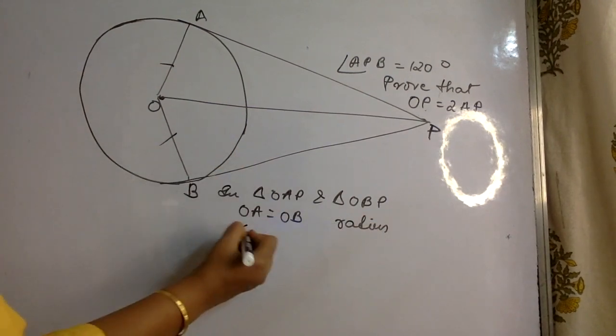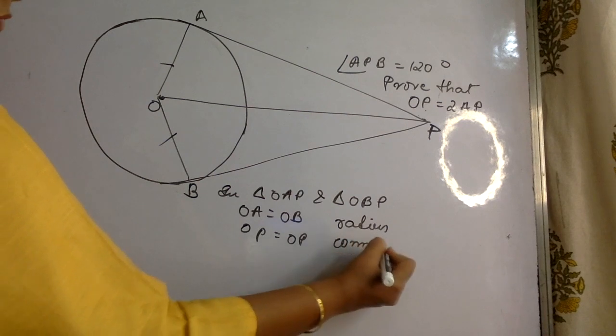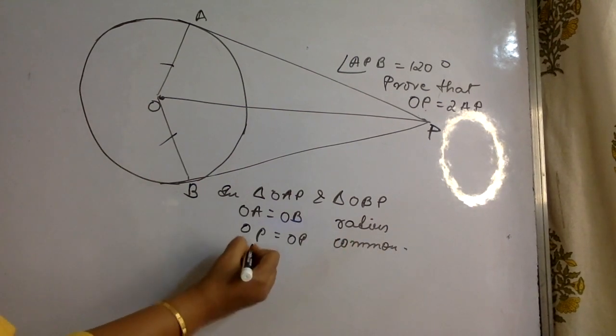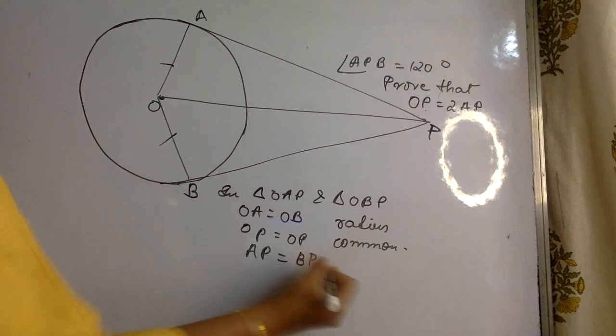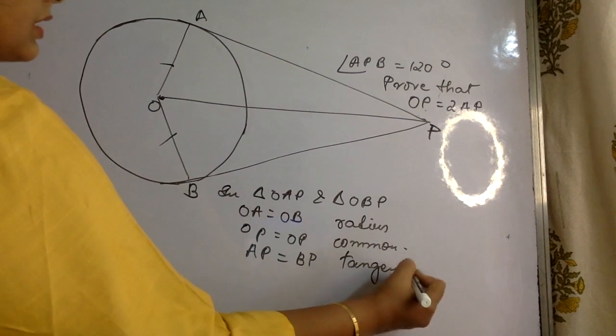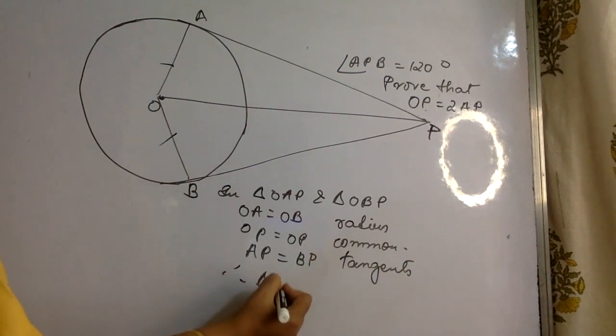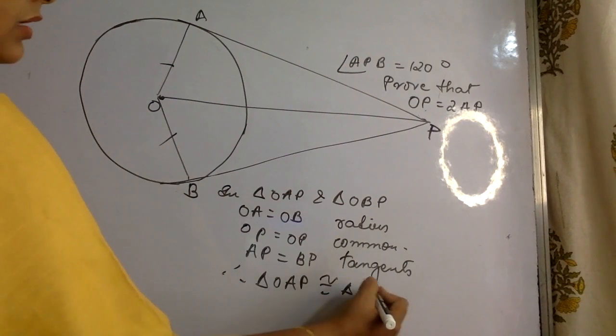Come to OP is equal to OP, because of common. Then come to AP is equal to BP, that is tangents from one external point. Therefore, triangle OAP is congruent to triangle OBP.